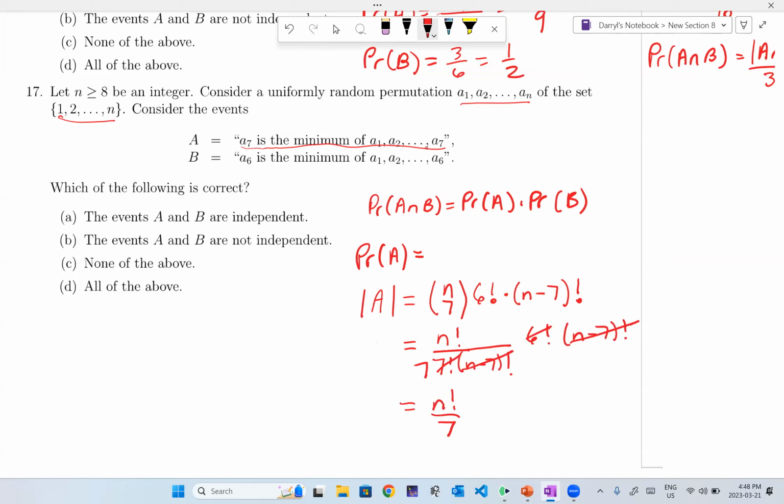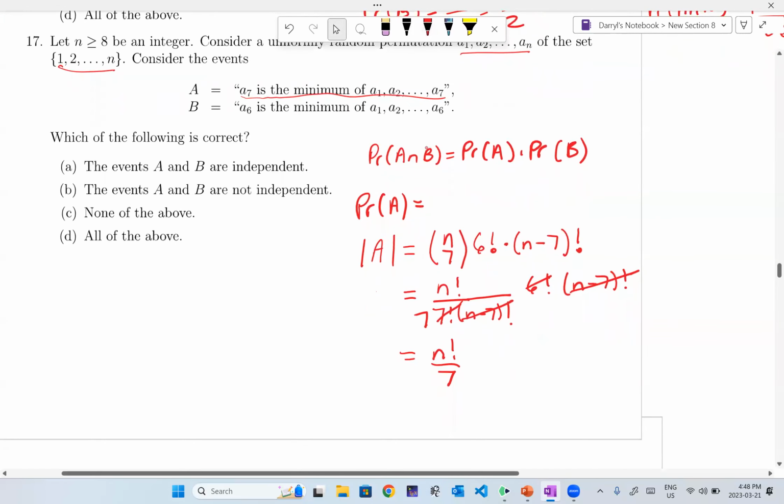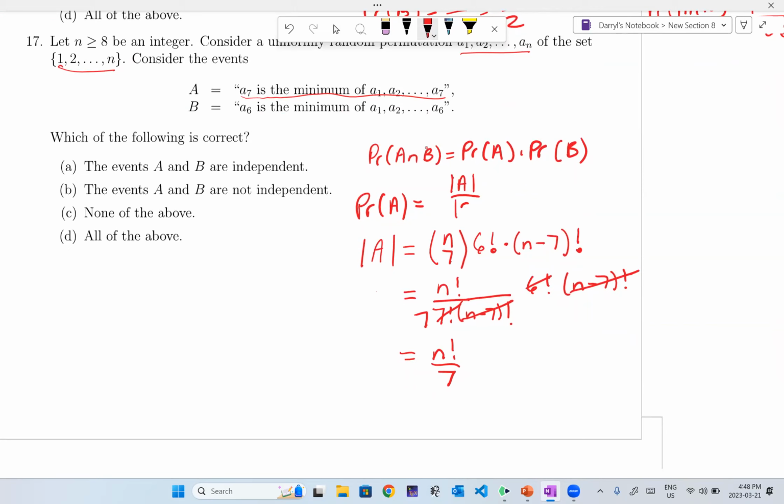That's the size of A. The size of my sample space is n factorial. So the probability of A is the size of A over the size of my sample space, n factorial over 7 over n factorial. This will cancel. I'm left with 1 over 7. Okay, so it's nice. It worked out really great. Took us a little while to get there.